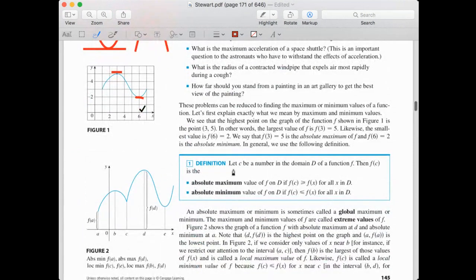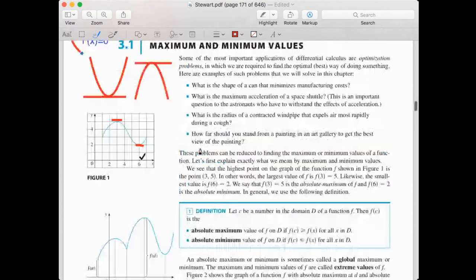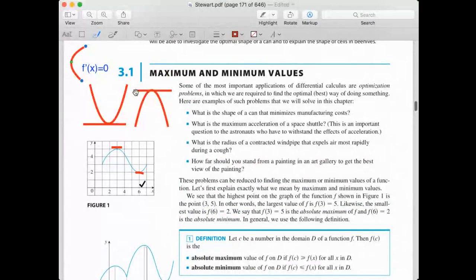All right, let's see this definition. Let c be a number in the domain D of a function. Then f of c is the absolute maximum if its value is greater than or equal to the value everywhere else. We call this the maximum value because f of x at this point is the biggest value compared to all other points.